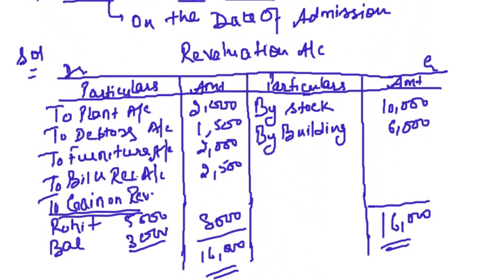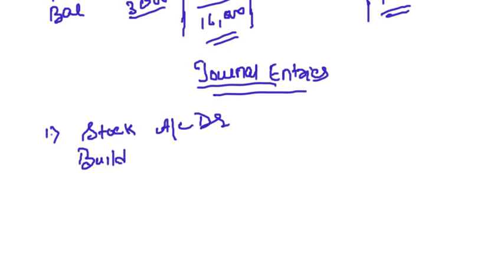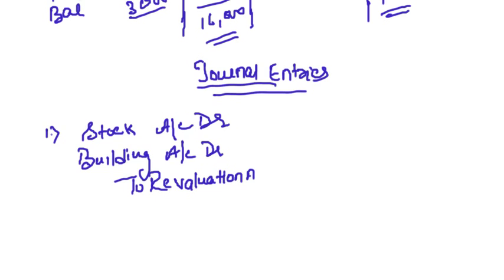First of all, I will talk of the appreciated stock, appreciated assets. I will say stock account debit, building account debit to revaluation account. So my first entry will be stock account debit, building account debit to revaluation account.